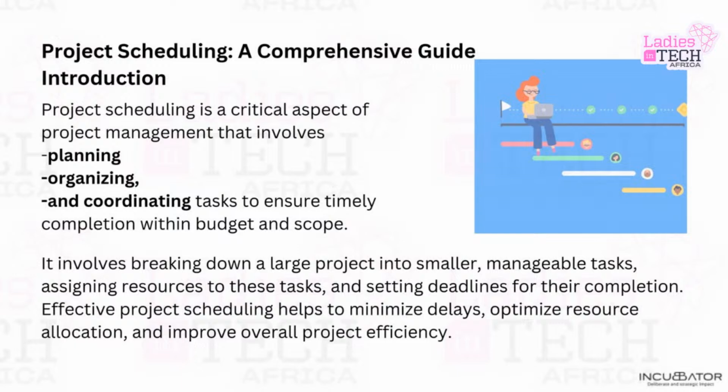We also explained that it is the breaking down of tasks into smaller bits to make them more manageable, not just for yourself but for your team as well, and also allocating resources and tasks, setting deadlines for completion, and helping minimize delays and challenges so that the project reaches optimum efficiency.